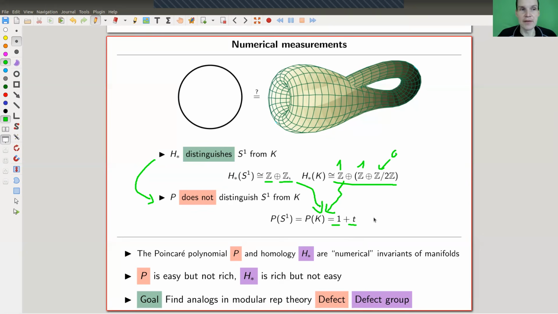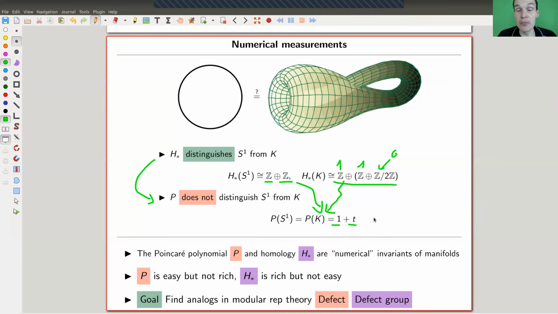So in this case, the circle is different from the Klein bottle, of course, and homology can distinguish them, but the Betti numbers, the Poincaré polynomial that I call P here, which is really just Betti numbers where you keep track of gradings, can't. And it's very similar in the story of defect and defect group.